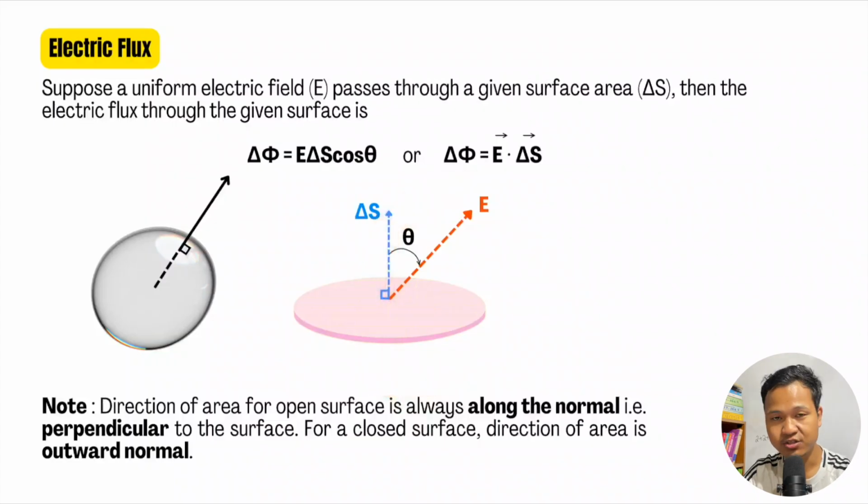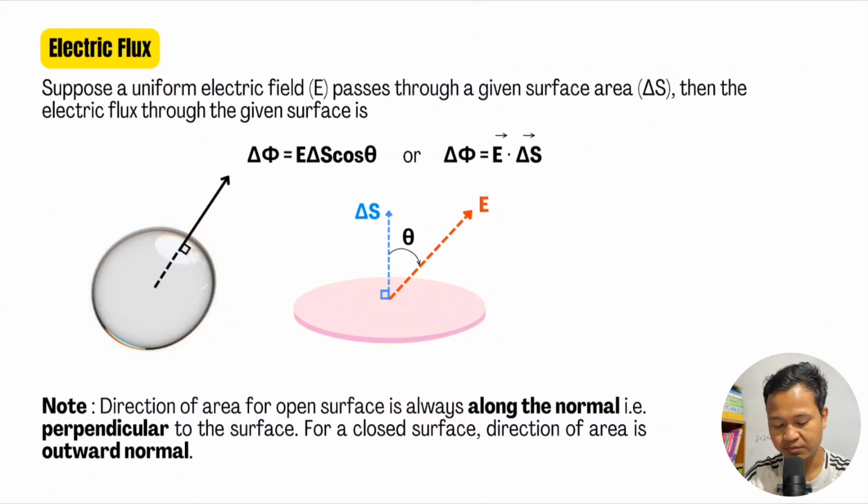Okay, the direction of the area vector depends on the surface. If the surface area is plane, the direction of area should be along the normal. Now, for a closed surface, suppose for example a bubble, this is a spherical bubble. Okay, if you see, the area is closed, a sphere is a closed object.